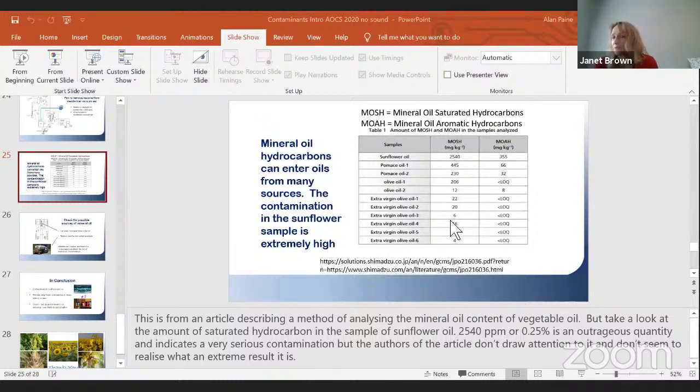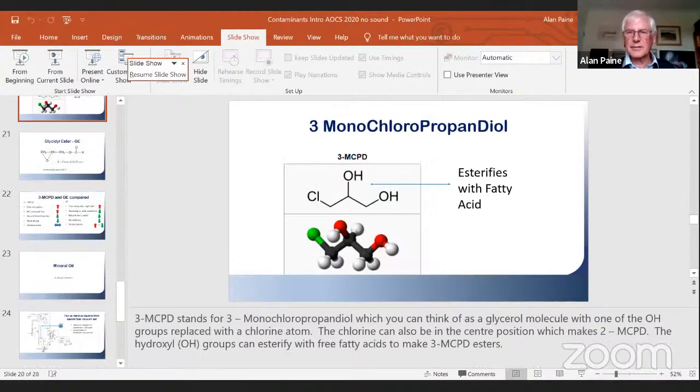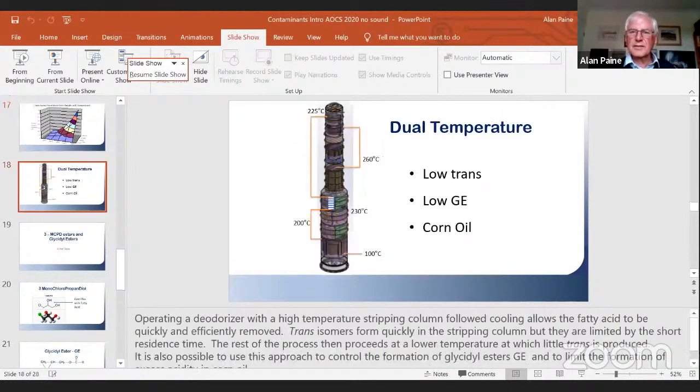Good. We also mentioned this process of two-temperature deodorizing. Can you see that? Yes. Okay. What's happening here is the oil is being heated in this top compartment to quite a high temperature, but only for a short period of time, so not too much trans is formed.